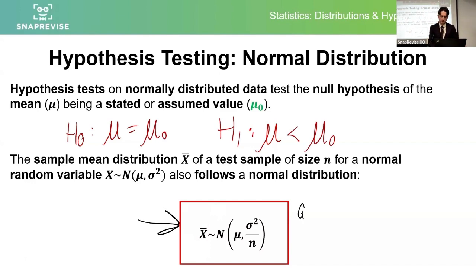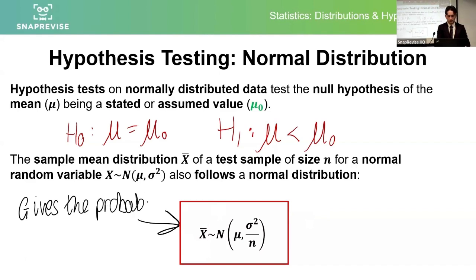So what this does is give the probability for a sample having the same mean, so that it reflects the true population.